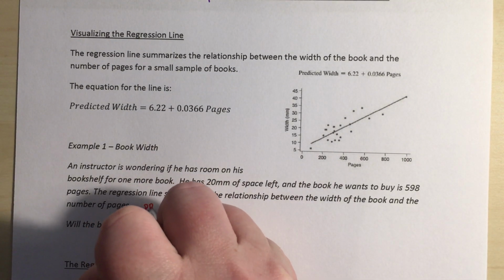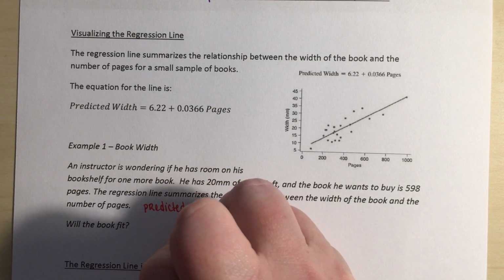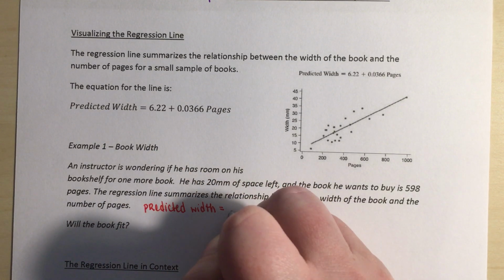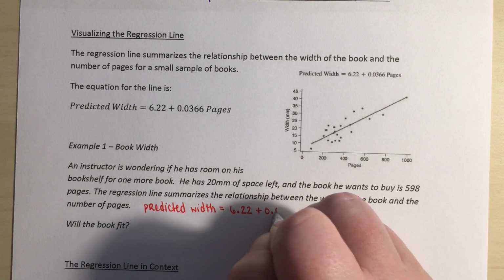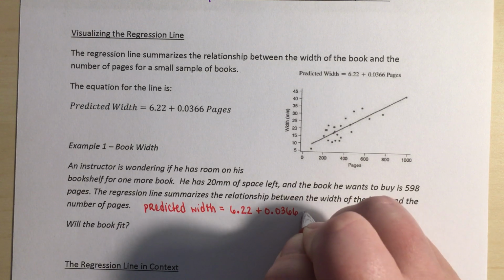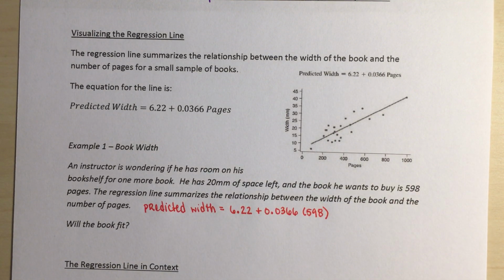Right. So predicted width equals 6.22 plus 0.0366 times our 598 pages.